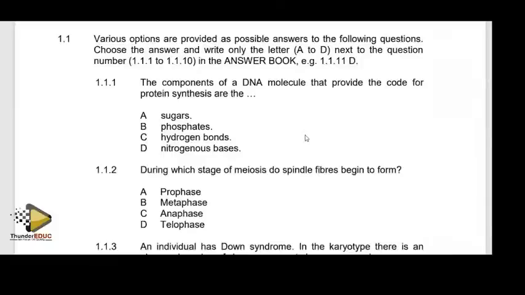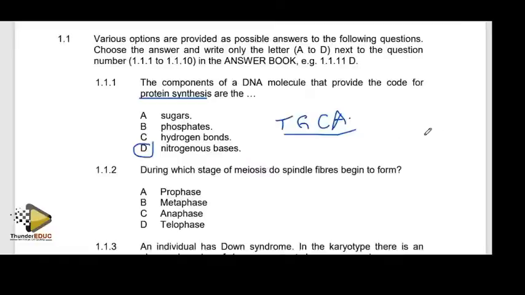We are talking about the thymine, the guanine, the cytosine, and the adenine. These nitrogenous bases are organized together to form a gene. So these are the ones which bring about a protein. So the answer is D.